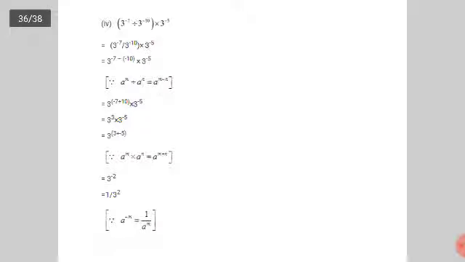3 power minus 7 divided by 3 power minus 10 into 3 power minus 5. So 3 power minus 7 divided by 3 power minus 10. So 3 power minus 7 plus 10. 3 cube. 3 cube into 3 power minus 5.